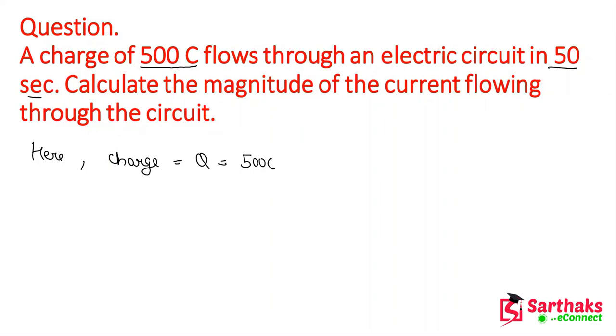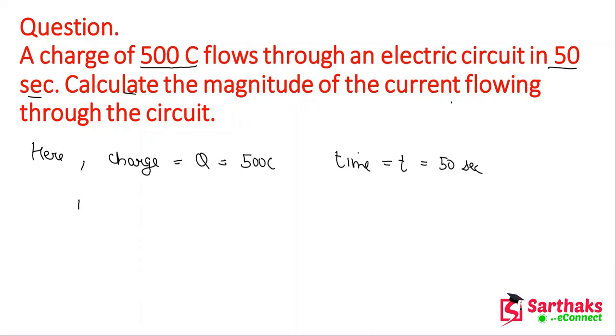So the charge is given as Q equals 500 coulomb, and the time, denoted by T, is given as 50 seconds. We have to calculate the magnitude of the current flowing through the circuit.